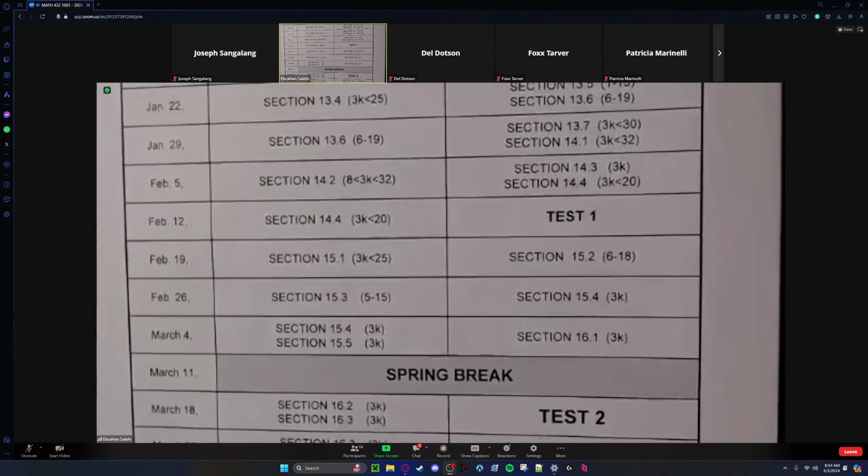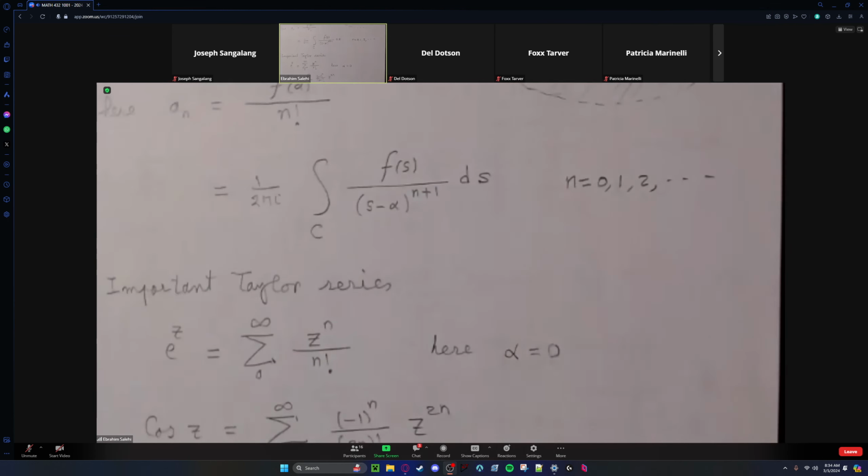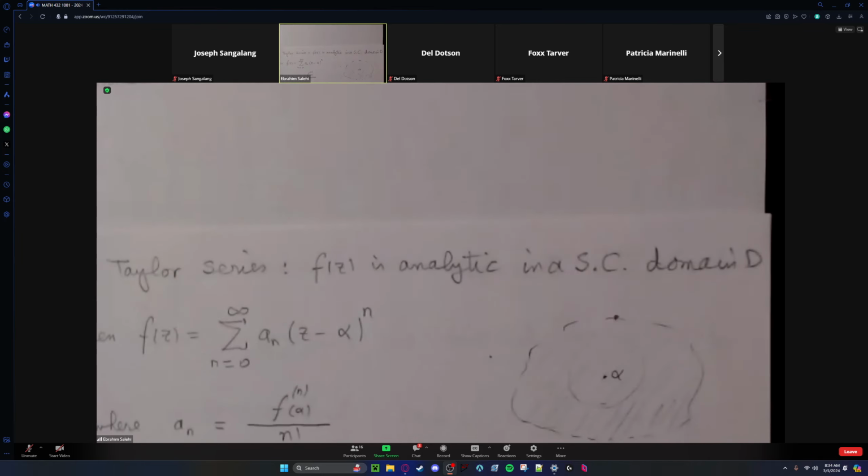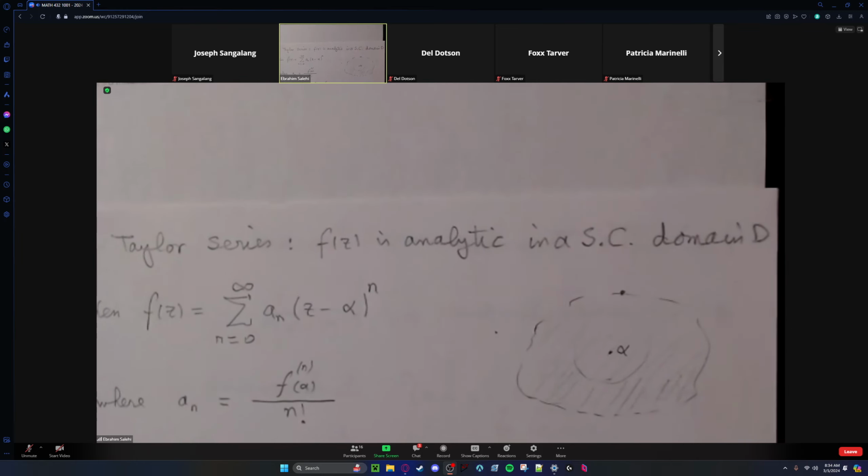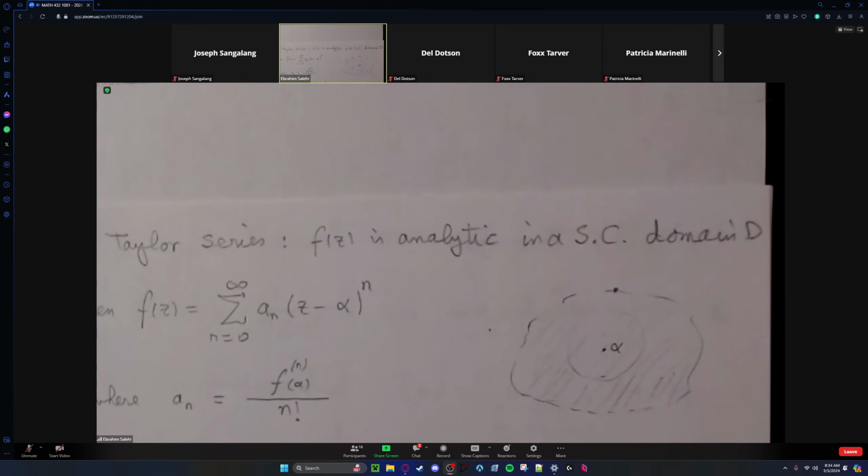And later, we used Taylor theorem to find the power series representation of a function. So that's all we did in chapter 15. Now, let me remind you that Taylor series, this is the way Taylor series works.